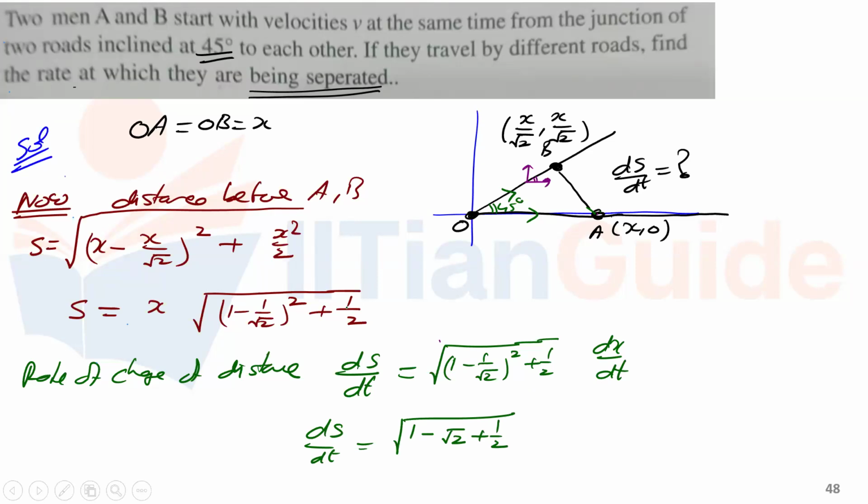So where will be dx by dt? प्लस 1/2 + 2 है ना? Sir, एंड dx by dt. हाँ dx/dt इज v, है ना? V. Okay, sir. हाँ, रेट ऑफ चेंज ऑफ वेलोसिटी ऑफ पॉइंट A, दैट इज dx/dt, है ना? Sir, it's getting under root 2 minus root 2. हाँ, √2 - √2, ठीक है ना? सो दैट इज √(2 - √2) एंड मल्टीप्लाइड बाय v, ठीक है ना?